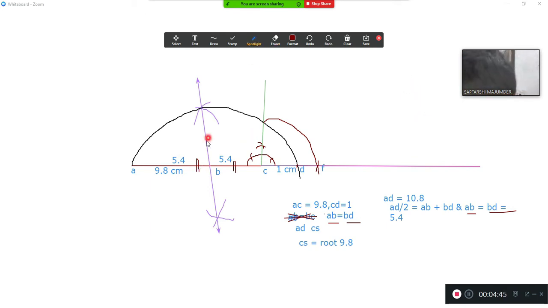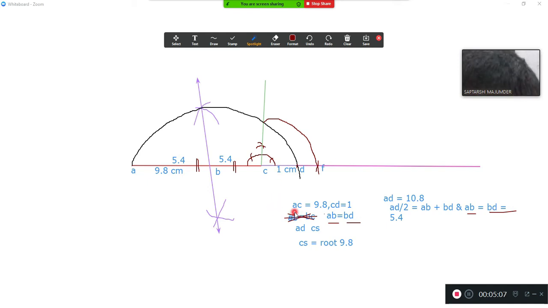So when we divide, then each part will be 5.4 and another will be 5.4. So our next and the final process is at point C. C is nothing but AC, the last point of 9.8 centimeter.